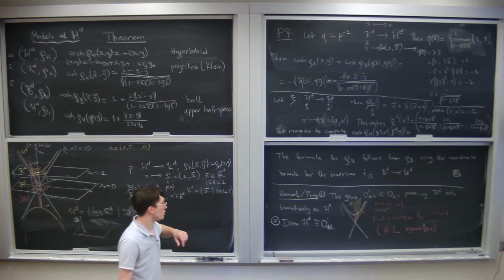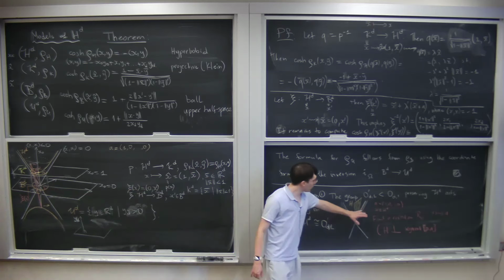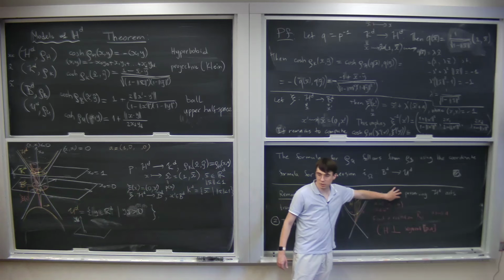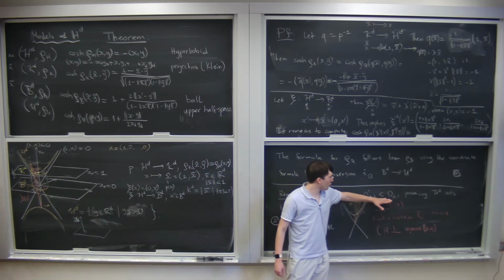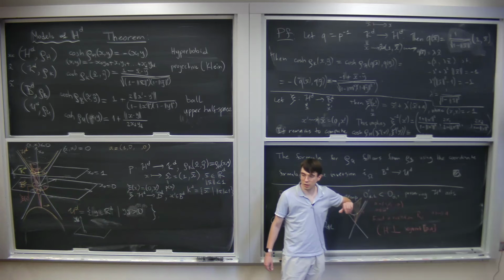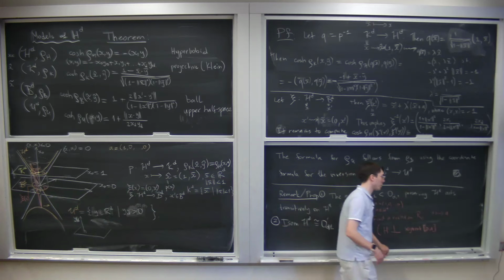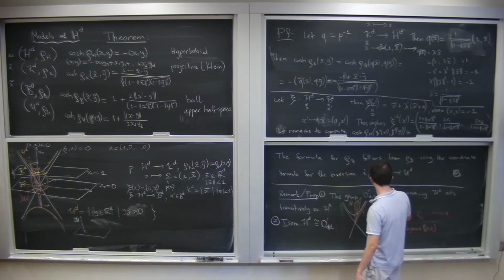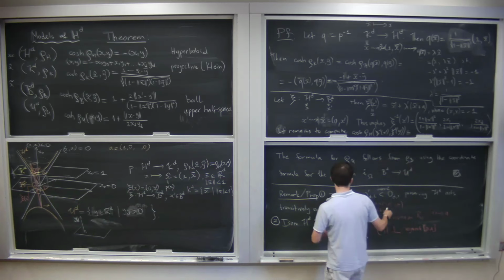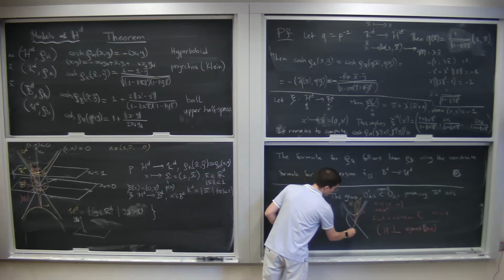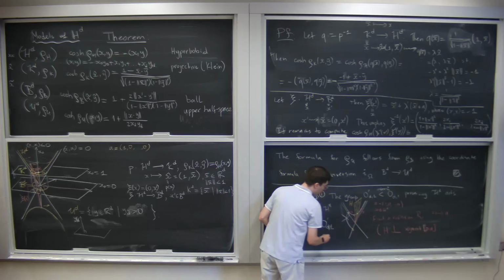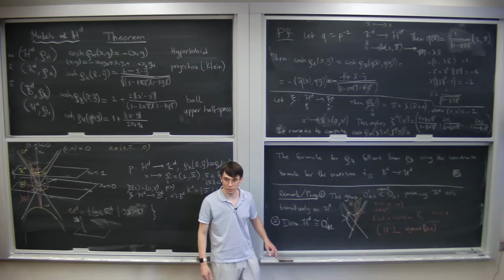O prime, well, I mentioned only this group. Here I'm taking the index 2 subgroup, which preserves HD. Maybe it's better to write that it is an index 2 subgroup. I do not want to interchange the components of the hyperboloid.